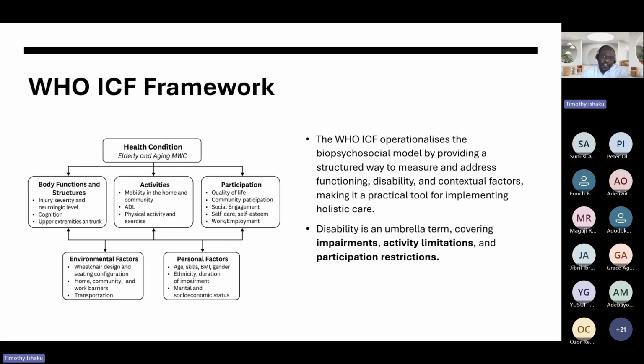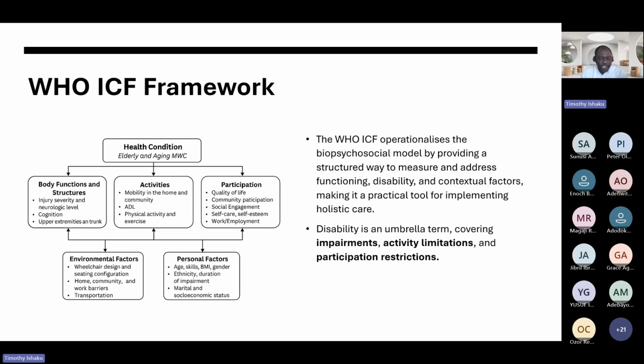But the question is, how do we operationalize it or put it into our practice? The World Health Organization has what we call the ICF framework, or the International Classification of Functioning, Disability and Health. This framework that is showing on your screen is deeply aligned with everything we've been talking about.